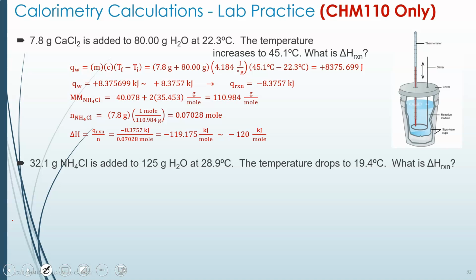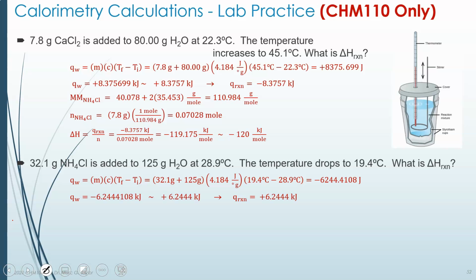We know the before temperature, we know the after temperature, which in this case is lower, and therefore when we calculate our change in heat of the water, which is Q of the water, we will have a negative value, in this case negative 6,244.4108 joules of heat that the water actually lost. The water transferred its heat to the dissolving of the ammonium chloride. This is an endothermic reaction.